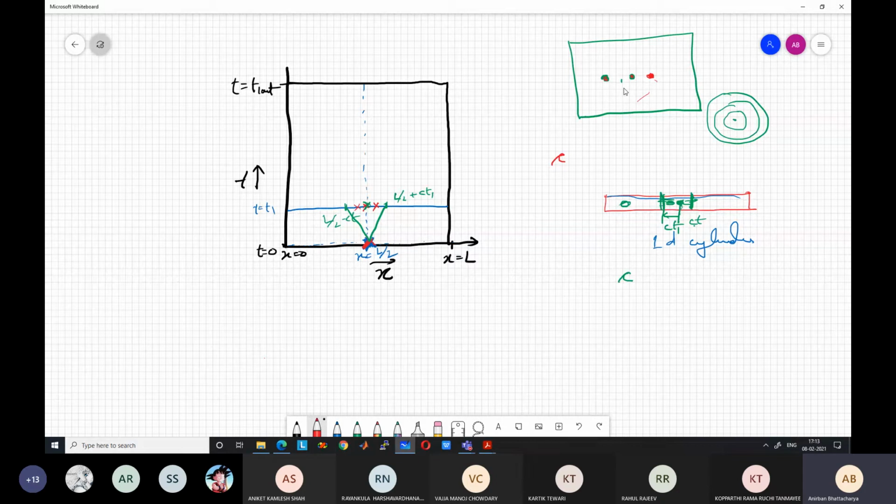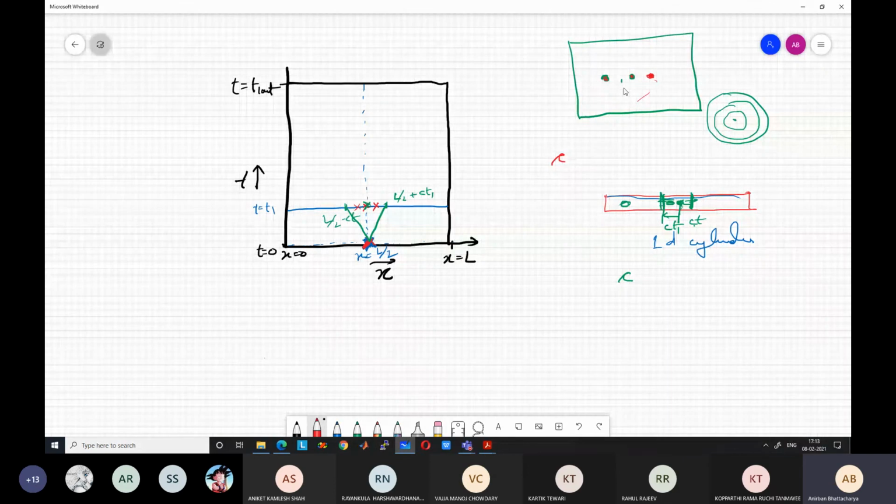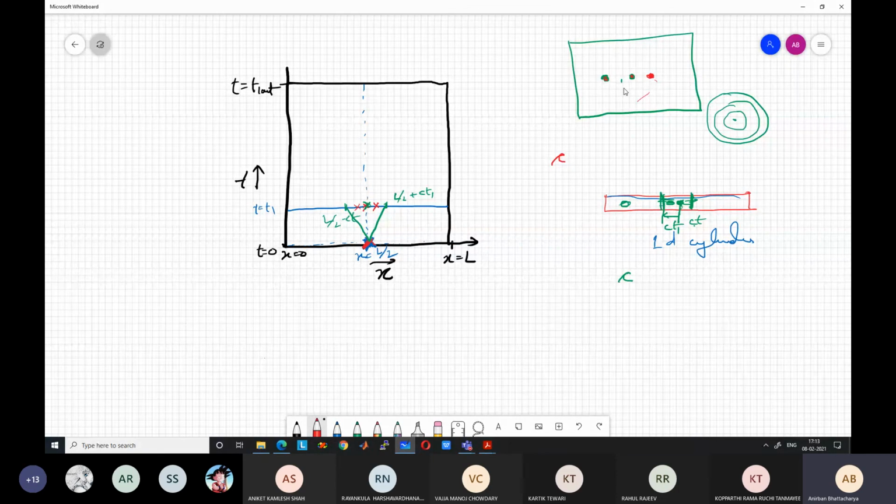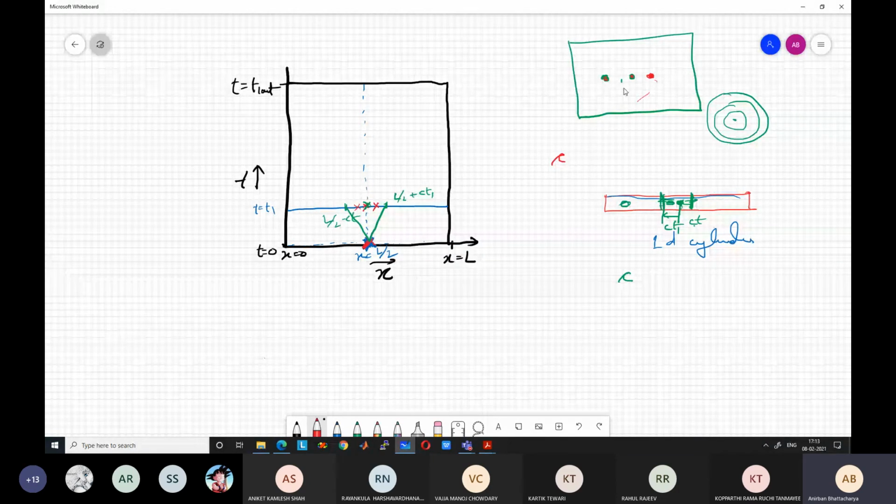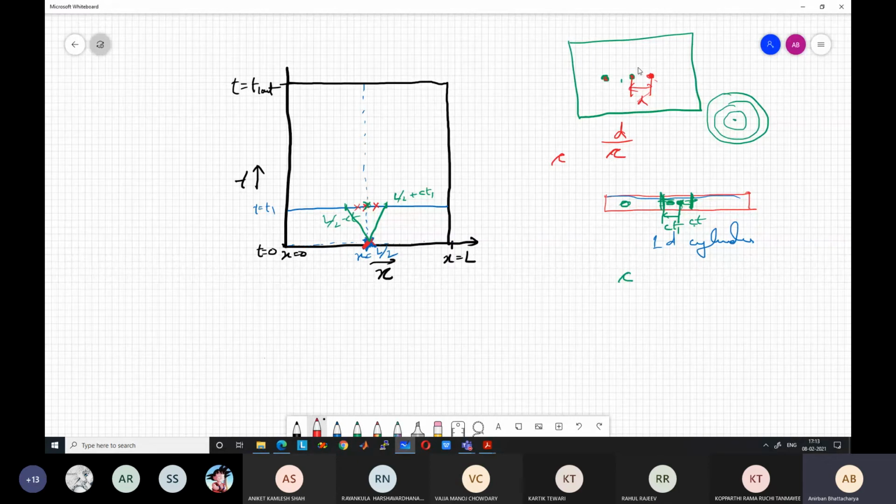So when the waves reach? So when will the waves reach? If the speed of travel of the wave is c, in this case it's not the speed of sound, but say the velocity is c, then the wave will reach after, if the distance is some d, after time d by c, it will reach, right? So say after a certain time, the waves have reached a certain point like this.